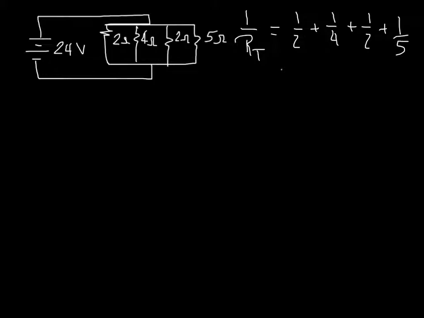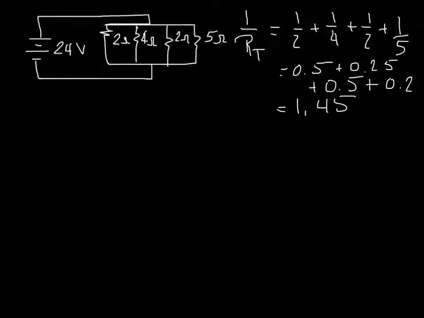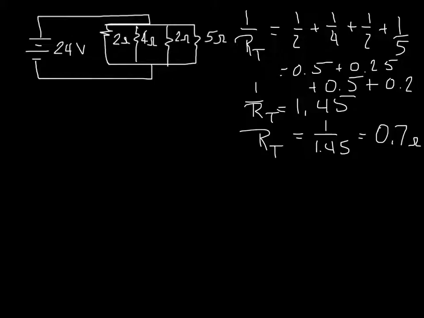Get rid of the fractions. 0.5 plus 0.25 plus 0.5 plus 0.2. So that is 1.45. So 1 over total resistance is equal to 1.45. So that means total resistance is equal to 1 over 1.45, which is 0.7 ohms.